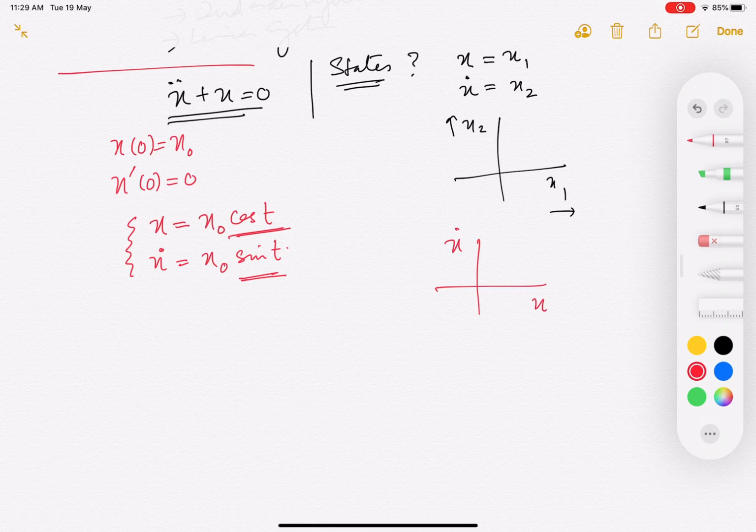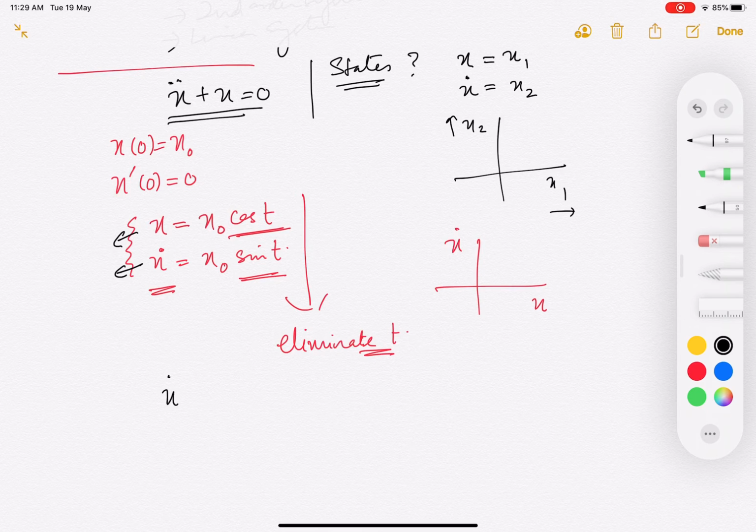I can do that if I get x dot as a function of x, so we need a direct functional relationship, and we can get that by eliminating t. So how do I eliminate t? I can just square and add these two equations.